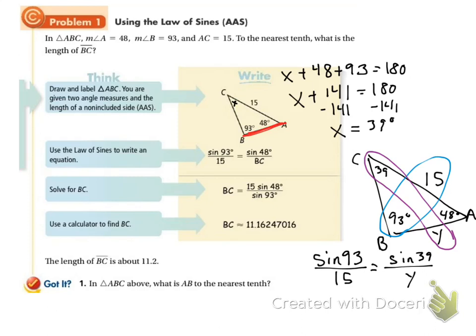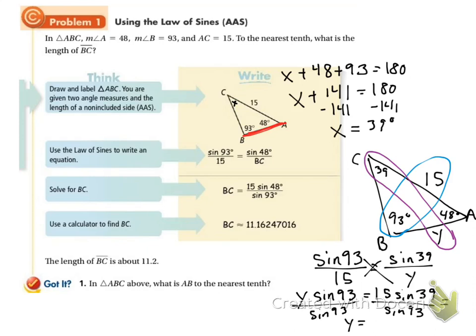Once I set it up, now I can cross multiply. So I get y sine of 93 equals 15 times the sine of 39. If you want to approximate this first and then divide, you can, or you can divide right away by the sine of 93. So y is equal to, and I'm going to type that in on my calculator.